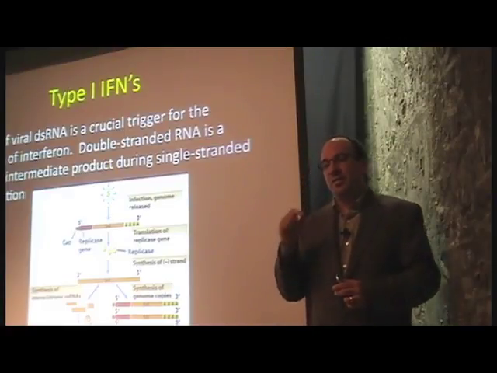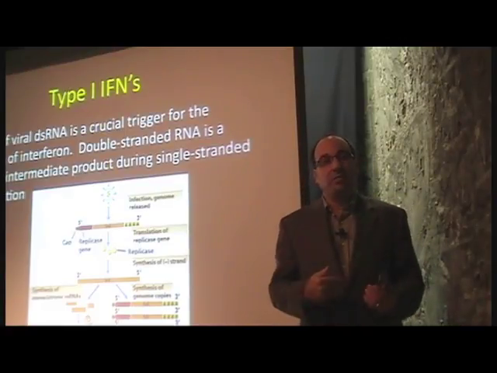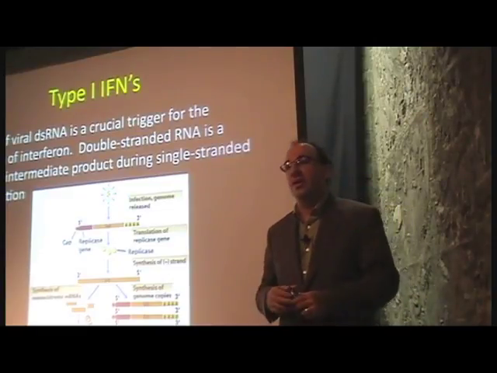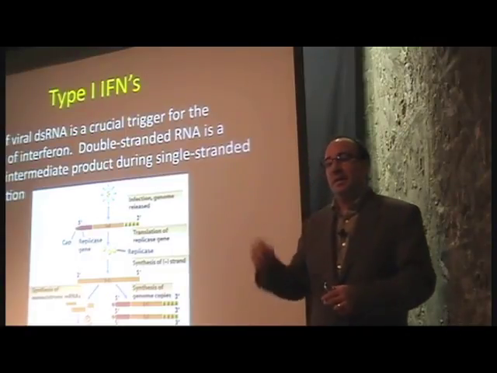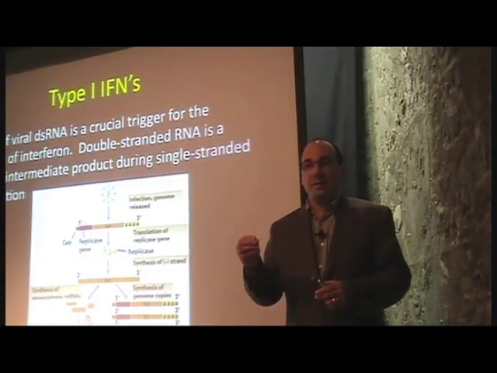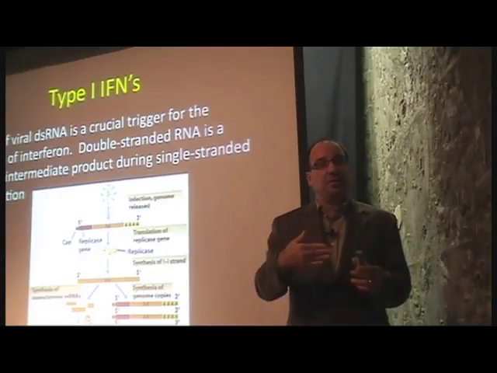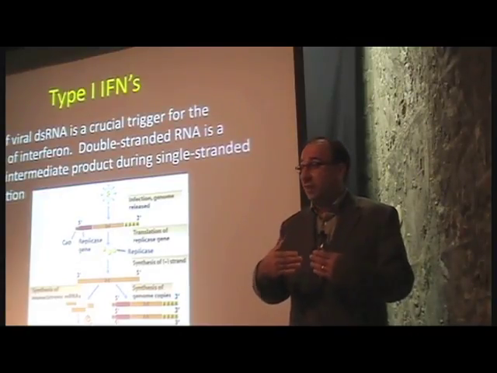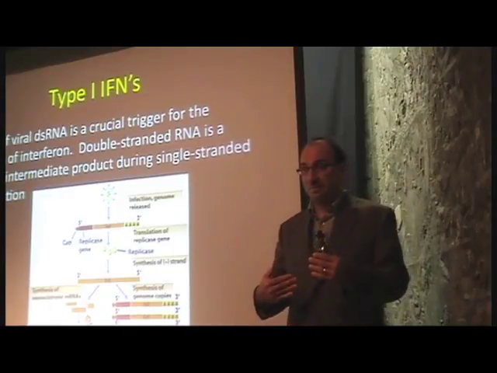So if you imagine a single-stranded RNA virus enters into a cell, and that single-stranded RNA virus needs to replicate itself. Let's say it's a positive sense RNA virus. That positive sense strand needs to be converted to a negative sense strand, right? And then the negative sense strand is used as a template to make more positive sense strand.